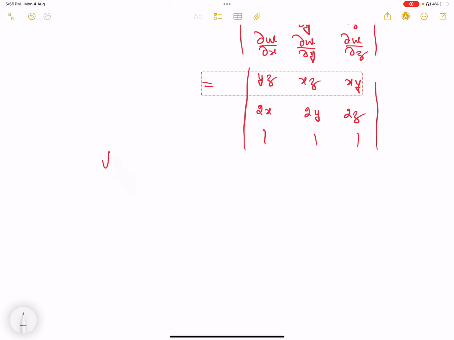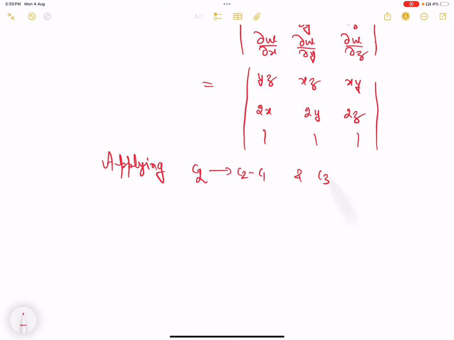So applying C2 equal to C2 minus C1 and C3 equal to C3 minus C1, what will be there?